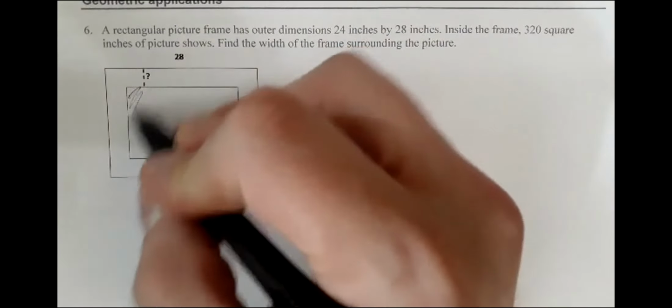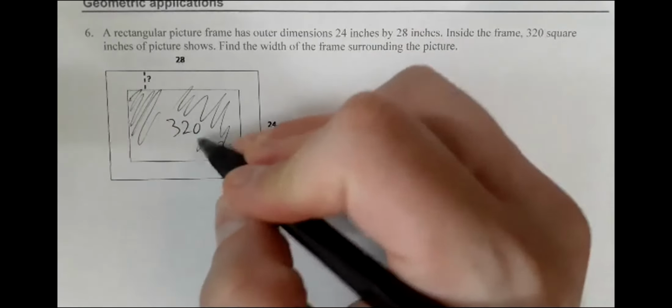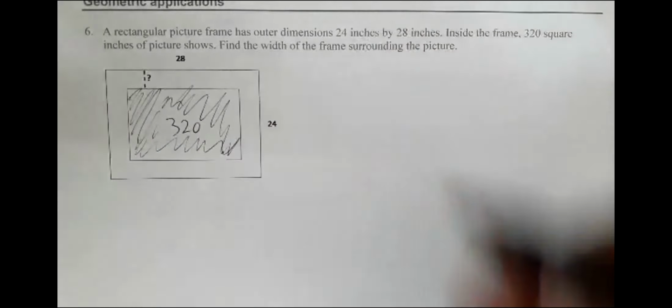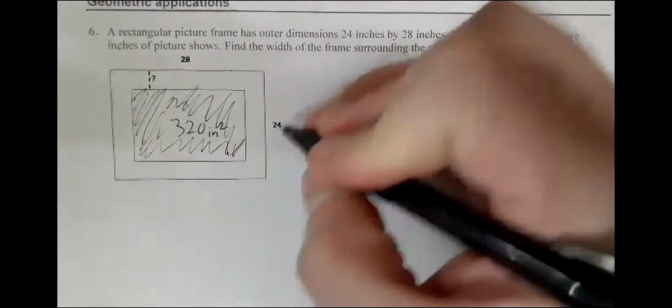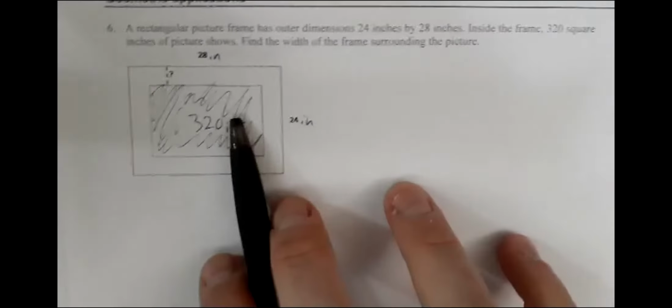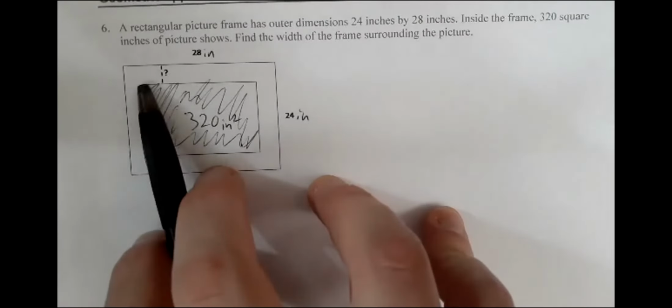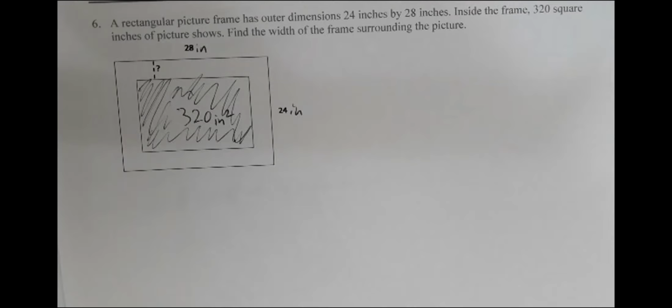So they give us this picture. And in order to get the area, we're going to have to find this length by this width, right? Finding the area of a rectangle is length times width.